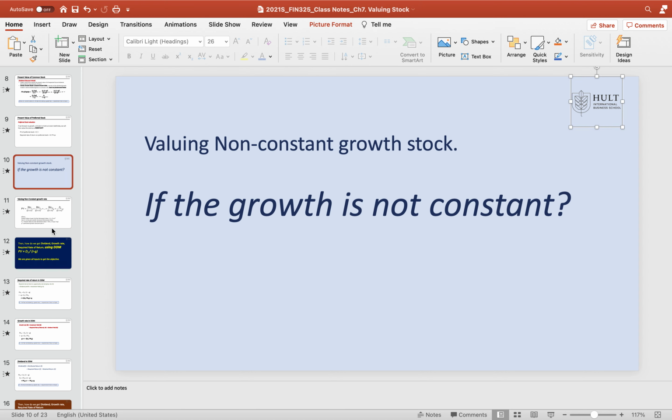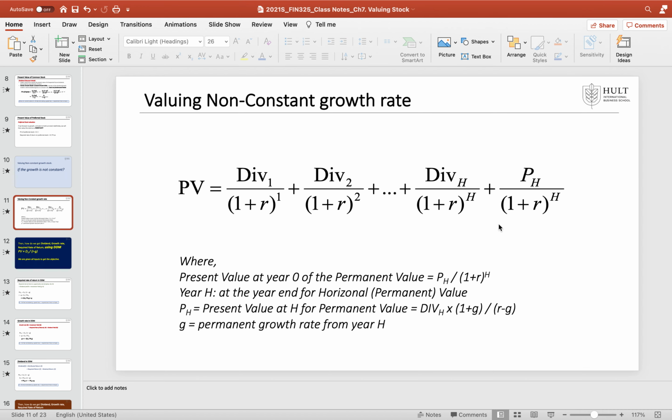So we need to change the growth rate after certain years and forever, right? So we are going to apply this to valuing non-constant growth, like dividend 1, dividend 2, dividend H, which is the horizon value, or the permanent value after year H.